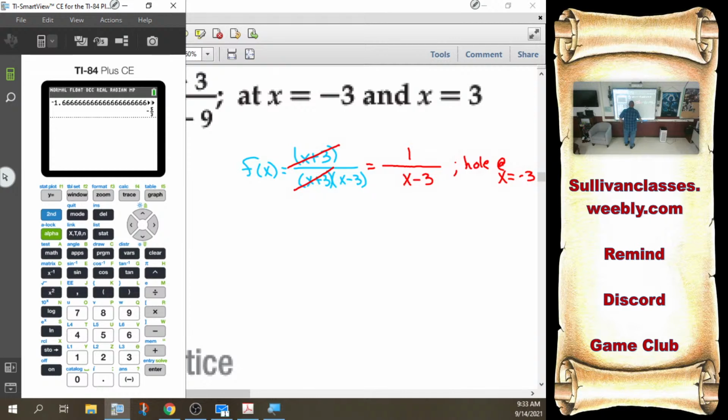Wait, did I say 1.6? Oh, all right, it's 1/6. 0.16666. I put the decimal in the wrong spot. Sorry. It's 1/6. Pretty easy. If I have a hole at negative 3 and I want to know what the function of negative 3 is, or what the limit is, put it in whatever's left.